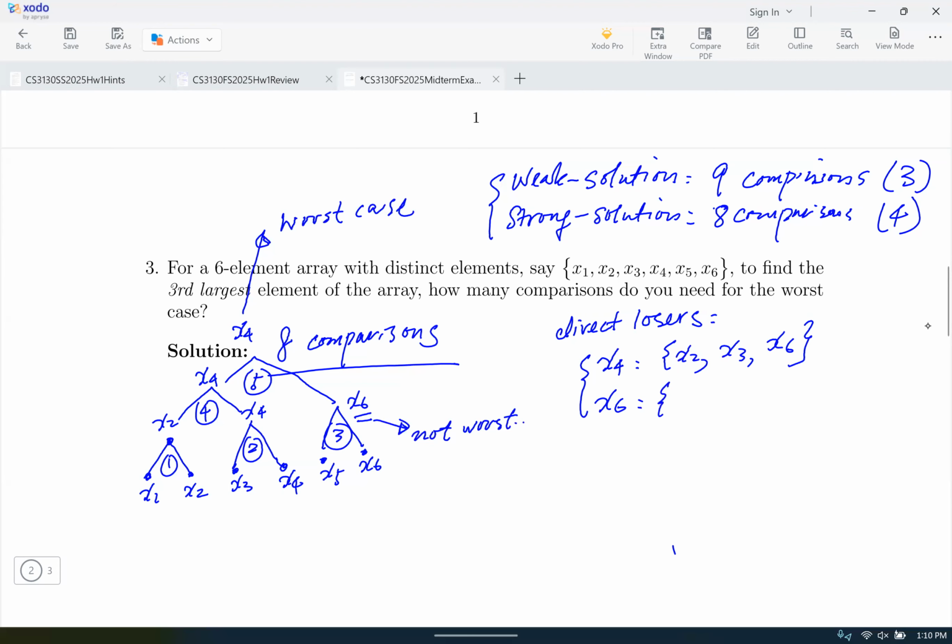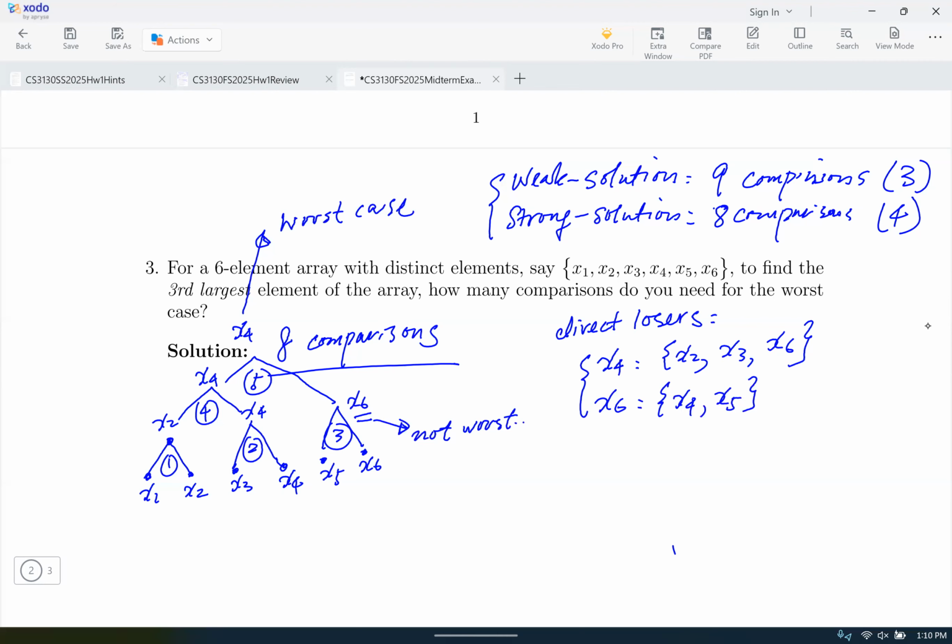But if you use X6, X6 has only 2 direct losers: it beats X4 directly and beats X5 directly. Other elements are not direct losers. Why do direct losers matter? Because when you consider the second largest, you only look at direct losers. Only a direct loser has a chance to be the second largest. An indirect loser has no chance.